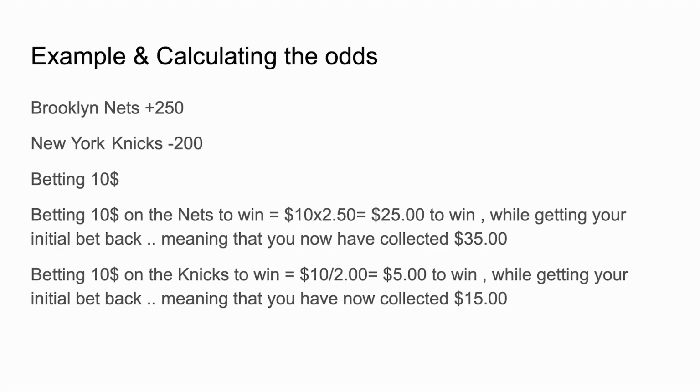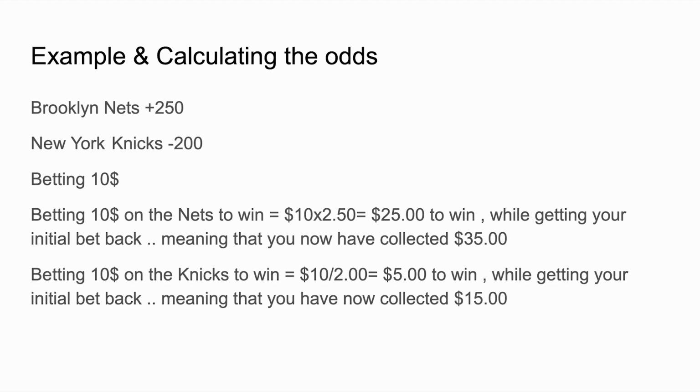The decimal goes between the 2 and the 5, and you would multiply that against how much you're betting. In this case, you're betting $10. So 10 times 2.50 is $25 to win. And after you win, you get your initial bet back, meaning that you have now collected $35. You only won $25, but you're getting your $10 back.